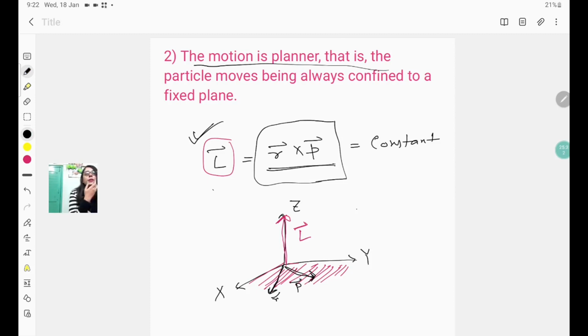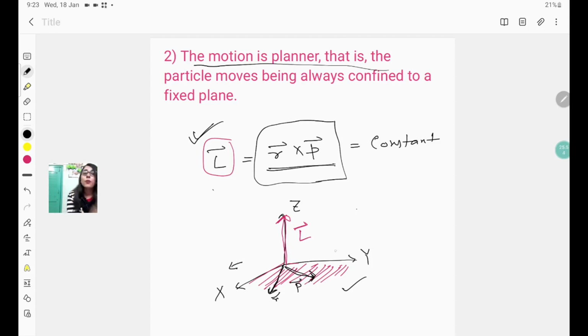Okay, so the particle always is confined to a fixed plane, right? So here the particle is confined in xy plane. If L is along x axis, then r and p should lie in which plane?